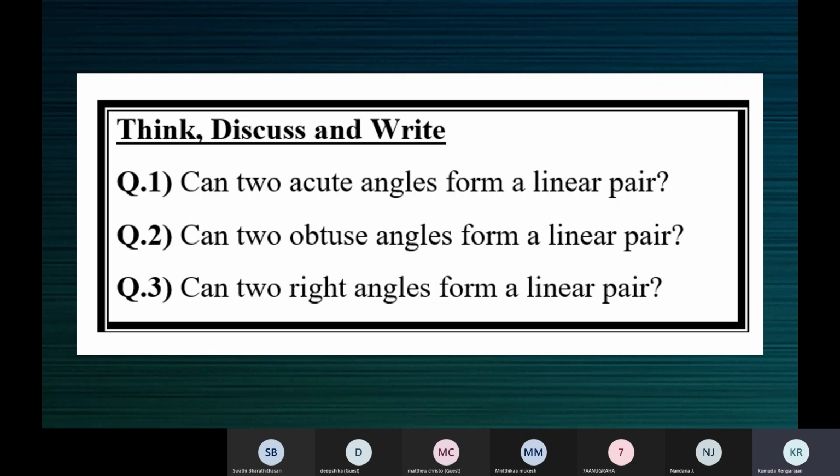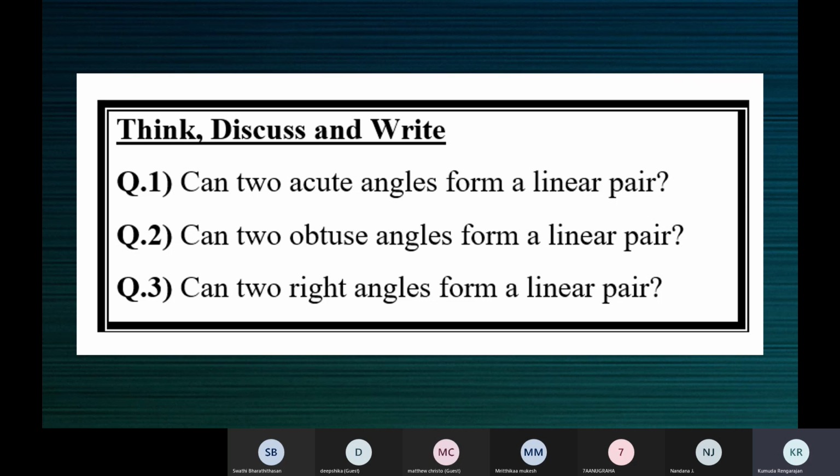So what happens when we take both the angles as acute angles? Each angle will be less than 90 degrees, so when you add, their sum will be less than 180 degrees. So they cannot form a linear pair.